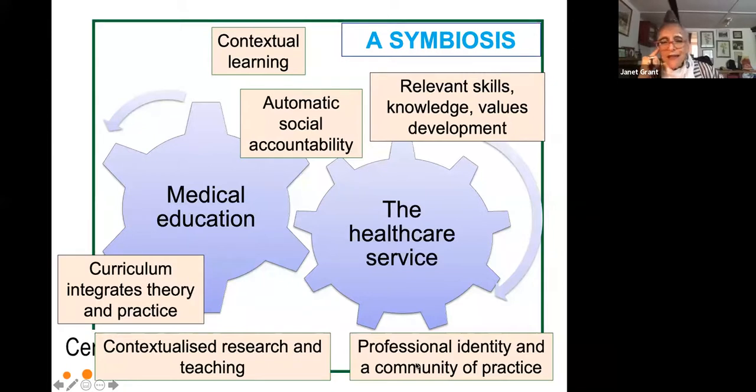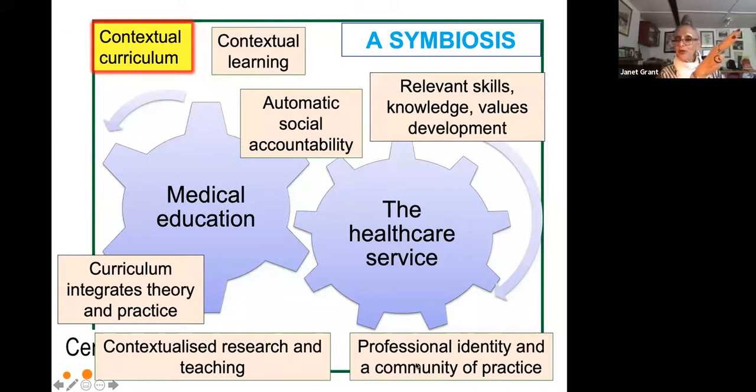And you don't need to think about social accountability. Please do not do that. It will be automatic if you develop your curriculum in this way, by thinking about your context. Social responsibility, social accountability is automatic. I think most medical schools are socially accountable anyway. And that will give you your contextual curriculum.